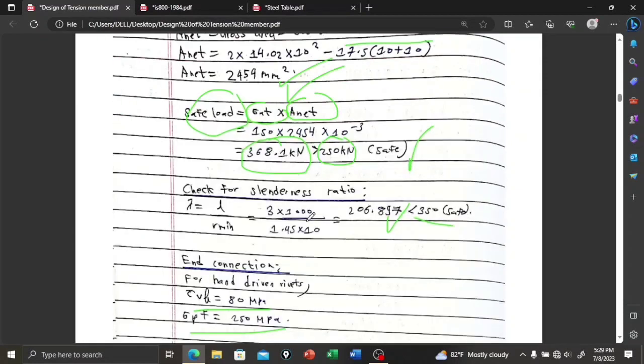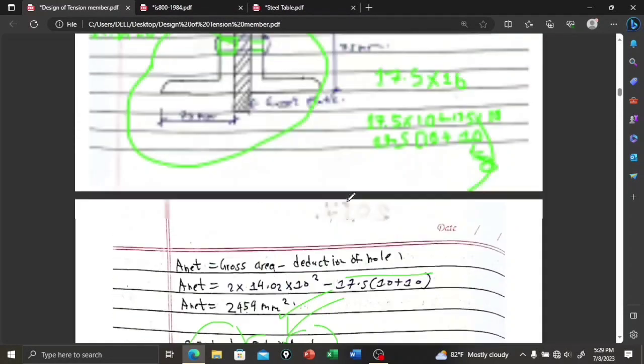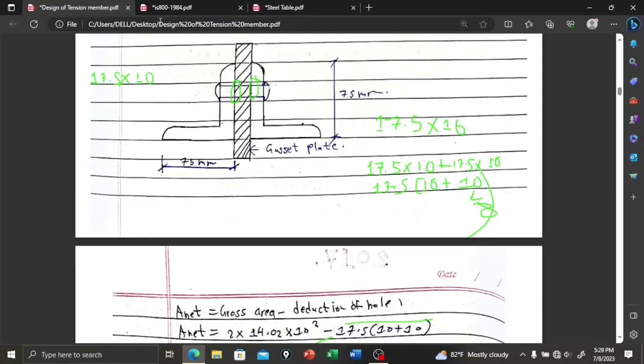So 2 into pi d square by 4 into tau, the shear stress, which is 80, so it will be 38484.5 Newton.